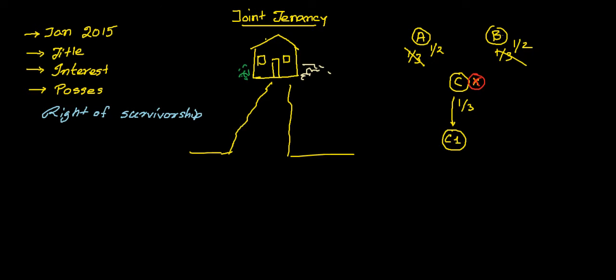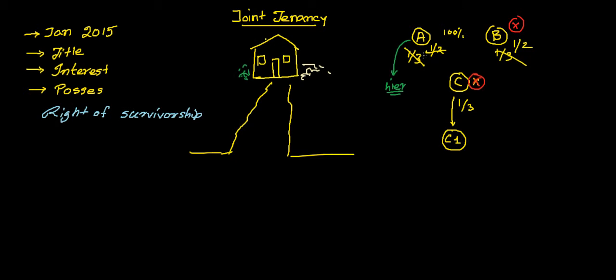Whereas with A and B, even if B dies, then A will have 100% ownership of the property. And if A dies, then the heir of A, like the kids or whoever is the heir of A, will be the owner of the house or the property.